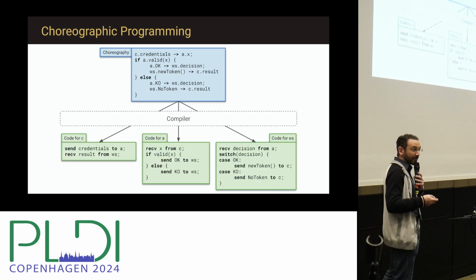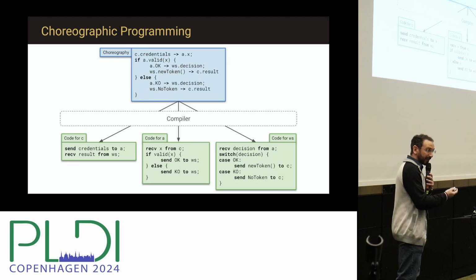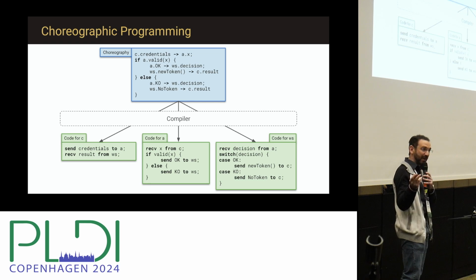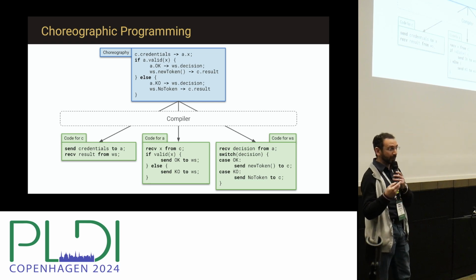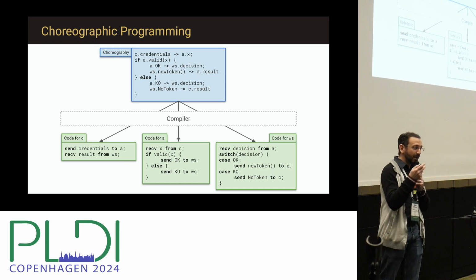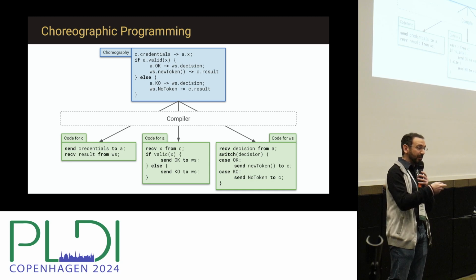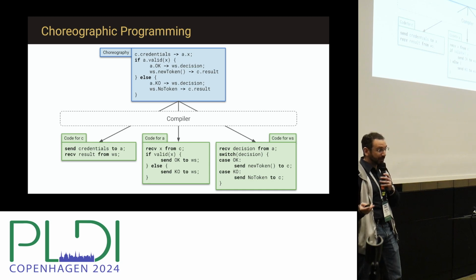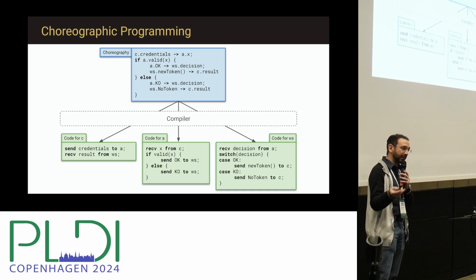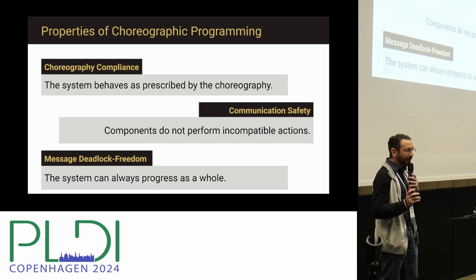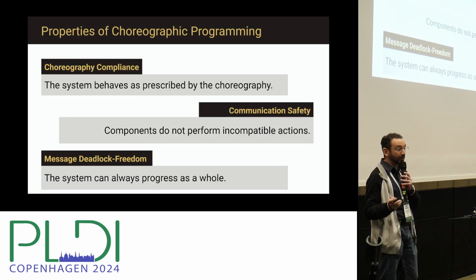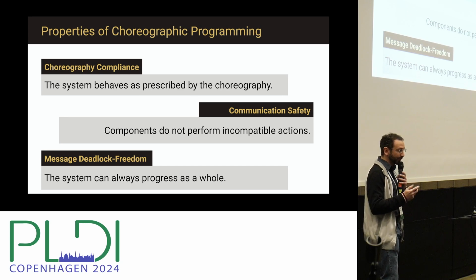Given this information, we can compile the choreography into the implementation in a correct way, meaning that we have theorems saying whatever the choreography says, the implementation does, and the implementation cannot do more than what the choreography says. This is what we normally call the choreography compliance guarantee. So we don't have surprises.